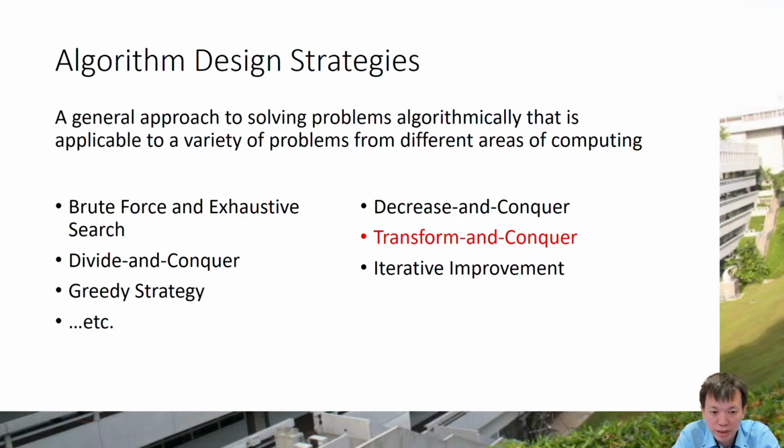If you learned linear algebra, I don't know whether you heard about the Fourier transform, or people working in control have the Fourier transform, Laplace transform, all of this, it's a kind of transform. When in a particular form your algorithm is not good or it's very difficult to solve the problem, we try to transform the data into another form. Then when we solve the problem, we will find it very easy.